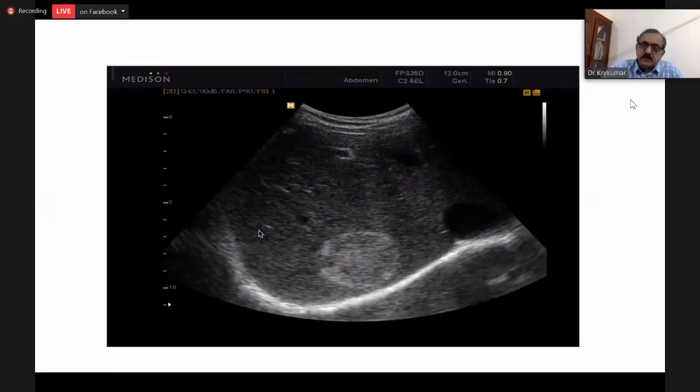And when you find a hyperechoic lesion with posterior shadowing also, then your diagnosis on the ultrasound scan becomes more robust. If you look carefully, you might see some posterior shadowing here. So I think that ultrasound-wise, the diagnosis should be a hemangioma. Okay, yeah.